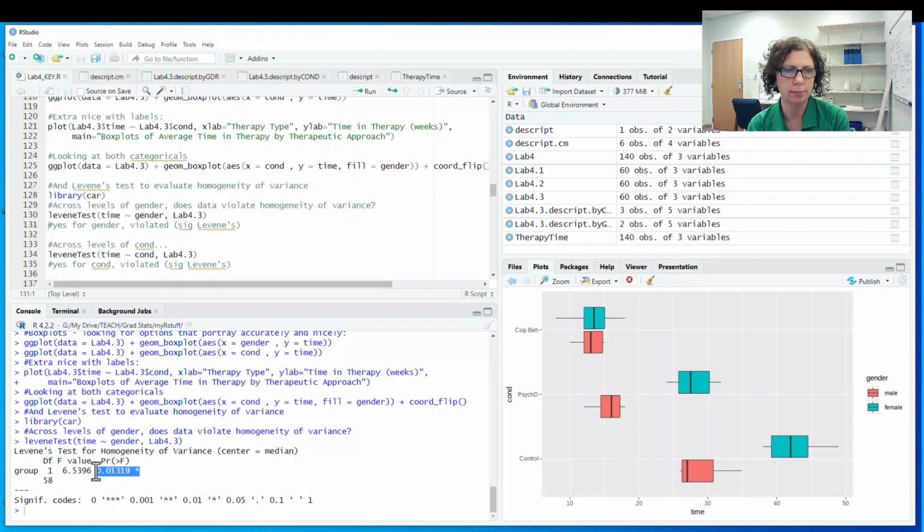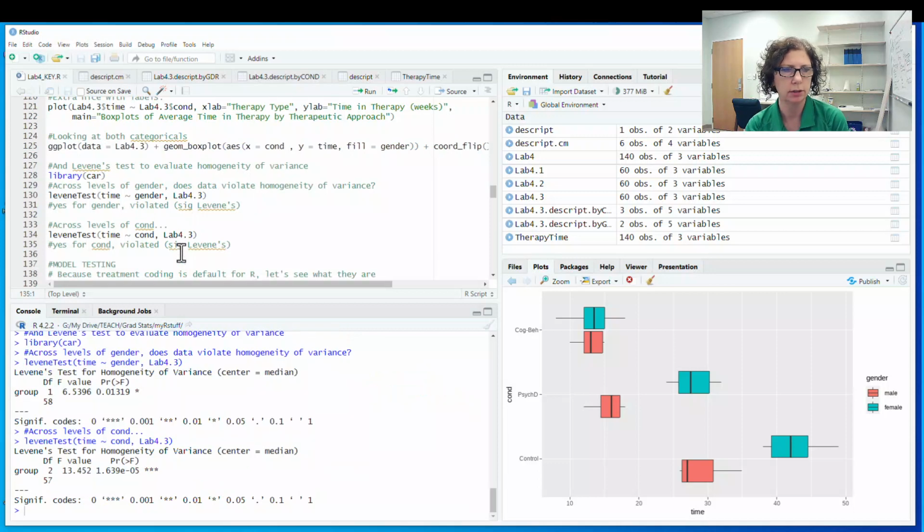When we run that, we see our p-value is 0.01, so yes, it violated homogeneity of variance because there's a significant Levene's test for gender. Let's see for condition. And yes, there's the p-value that's very, very, very small because it's to the negative 0.05 power, so that's the decimal point being moved, scientific notation. So both of these categorical variables violate homogeneity of variance, and we just want to tell the reader that in the write-up.